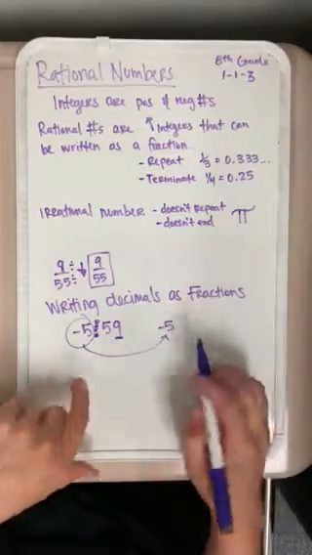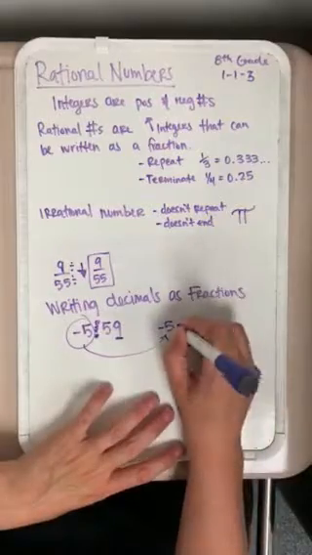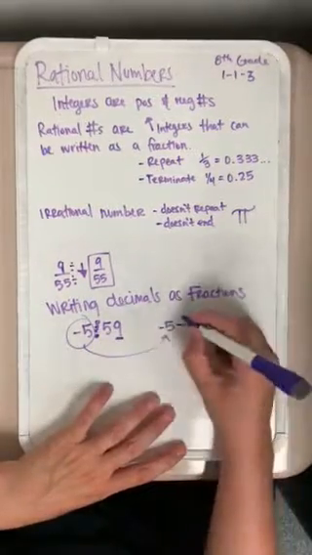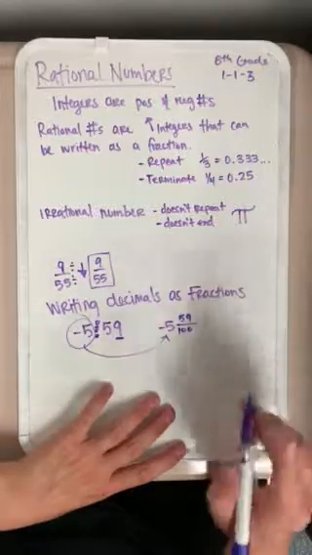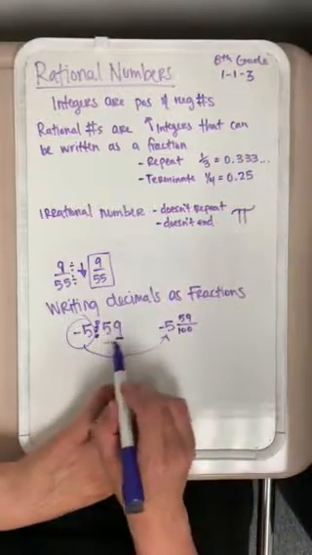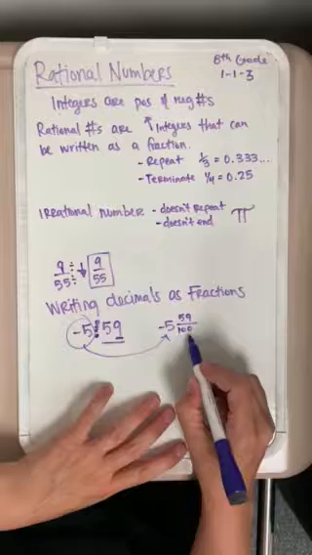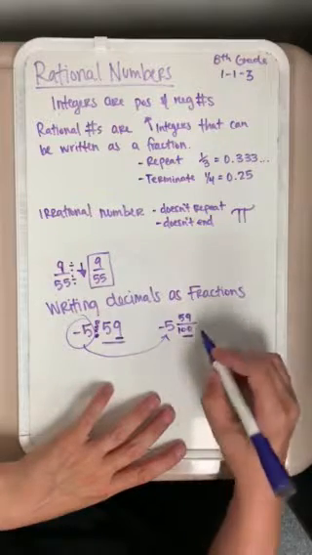We'll keep that. Now as our fraction part of it, we'll say, all right, we have 59 out of 100. You guys will also notice that there were 2 digits behind the decimal, and so we'll have 2 zeros on the bottom.